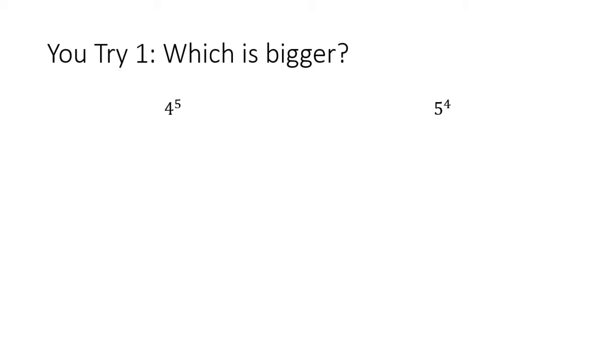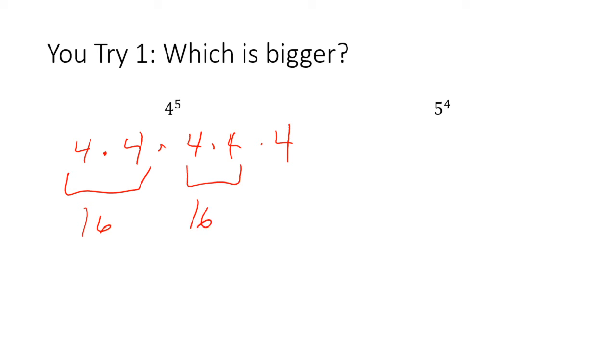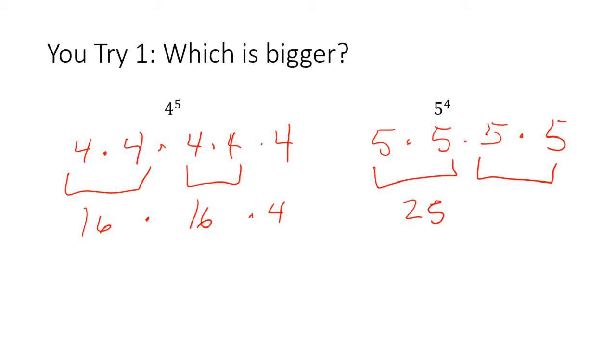Okay, now that you've tried it on your own, let's do it together. Which one is bigger, 4 to the fifth or 5 to the fourth? So 4 to the fifth is 4 multiplied 5 times. Let's see, 16 times 4. And 5 to the fourth is 5 multiplied 4 times. 5 times 5 is 25, 5 times 5 is 25, and I can multiply those together.